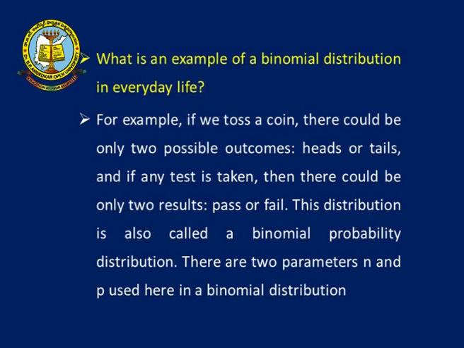Or if a test is taken, there could be only 2 results, pass or fail. Pass or fail, success or failure, or head and tail. This distribution is called a binomial probability distribution, with the 2 parameters n and p.